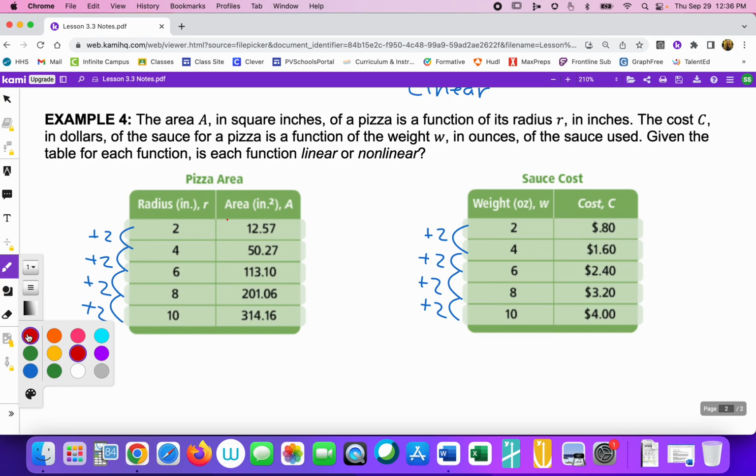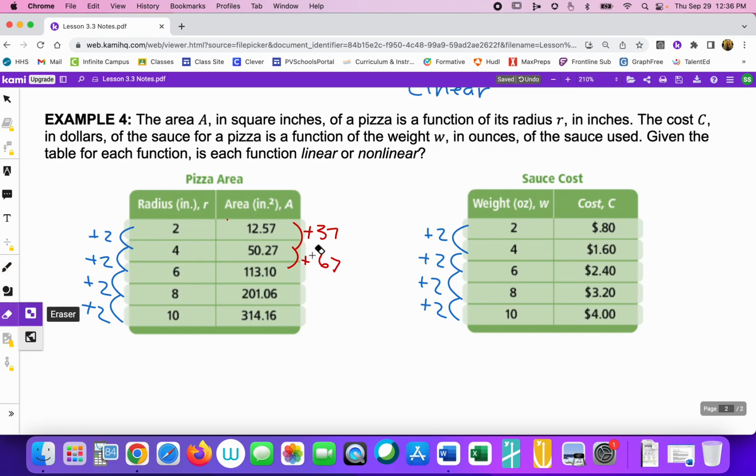Approximately 12.5 to 50 is an increase of how much? Approximately. It's about 37 and some change, but if you want to write 37-ish, that's fine. All right, approximately 37. What about from 50 to 113? It's about 62 and some change.